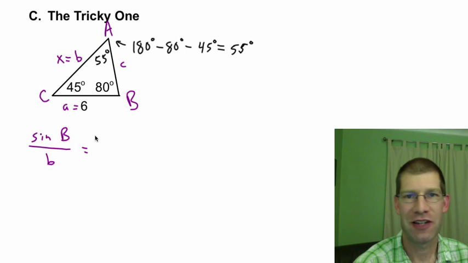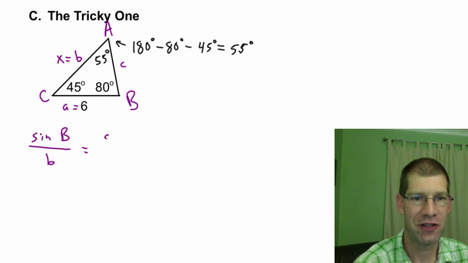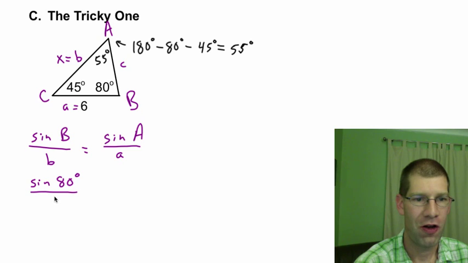Our other fraction has to be our angle side pair, so it's going to be sine of a over a. And then we start plugging in numbers. So sine of b, so sine of 80 degrees, all over our unknown, I'll put in an x, equals sine of capital A, so sine of 55 degrees, divided by 6.